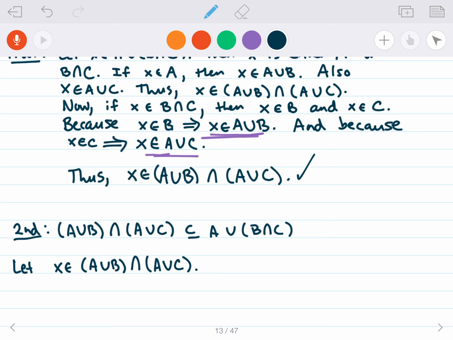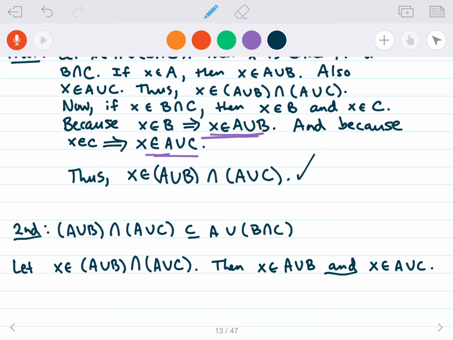Well, by definition of these sets being intersected, that means that X is in A union B and X is in A union C.